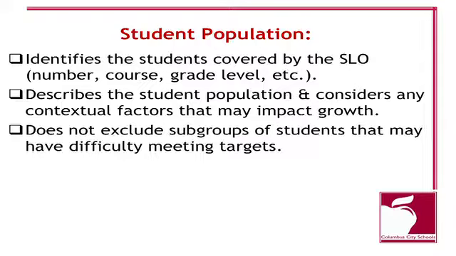To complete this, the teacher should identify the students covered by the SLO, describe the student population, and consider any contextual factors that may impact growth. And this does not exclude subgroups of students that may have difficulty meeting targets. However, if any students or subgroups are excluded, the teacher should explain why those students are excluded if they are not covered in the SLO.